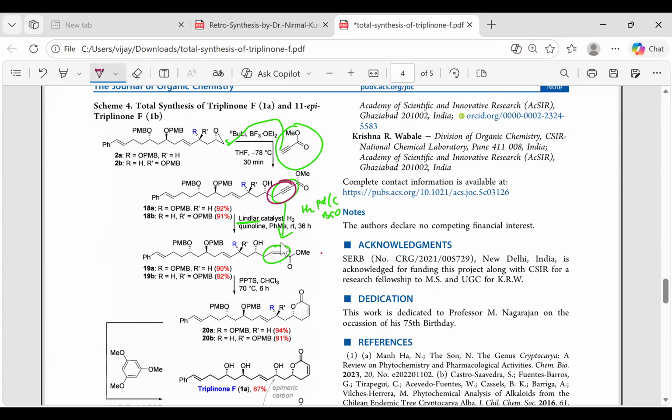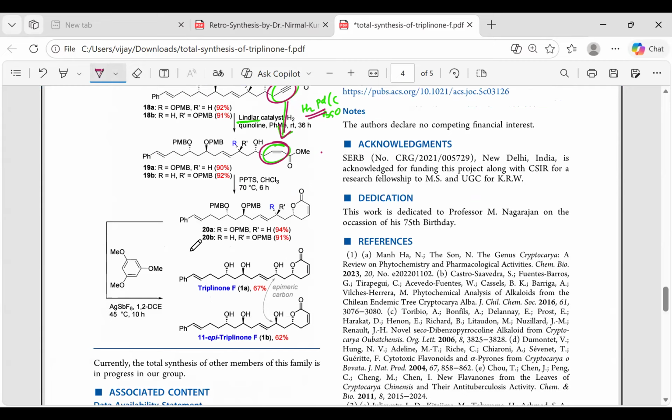We have the alkyne here, and the alkyne is converted in a syn fashion by using this H2, Pd, right? So this is one example. This is how, if you work on total synthesis, this kind of reaction is very useful. And finally they got the synthesis of this topo tricholinone. That's the final molecule here.